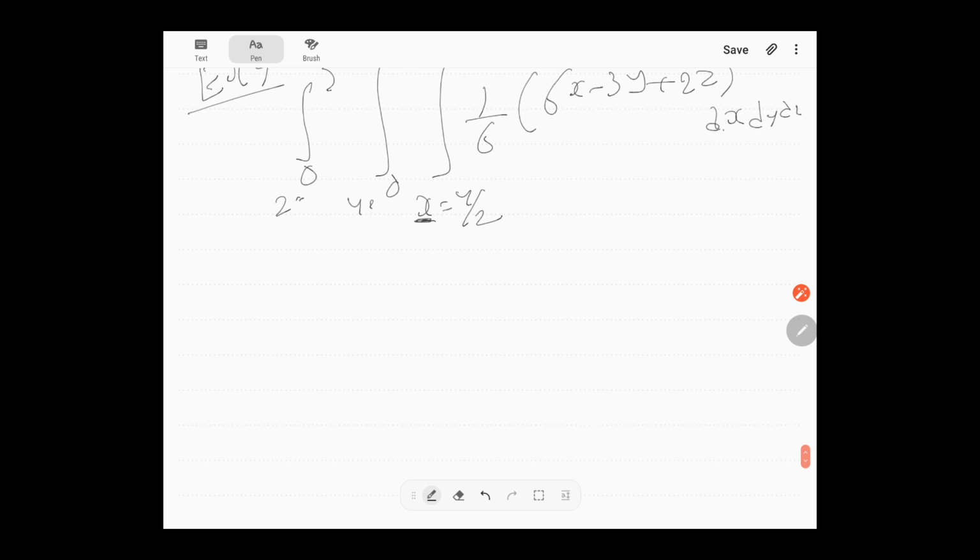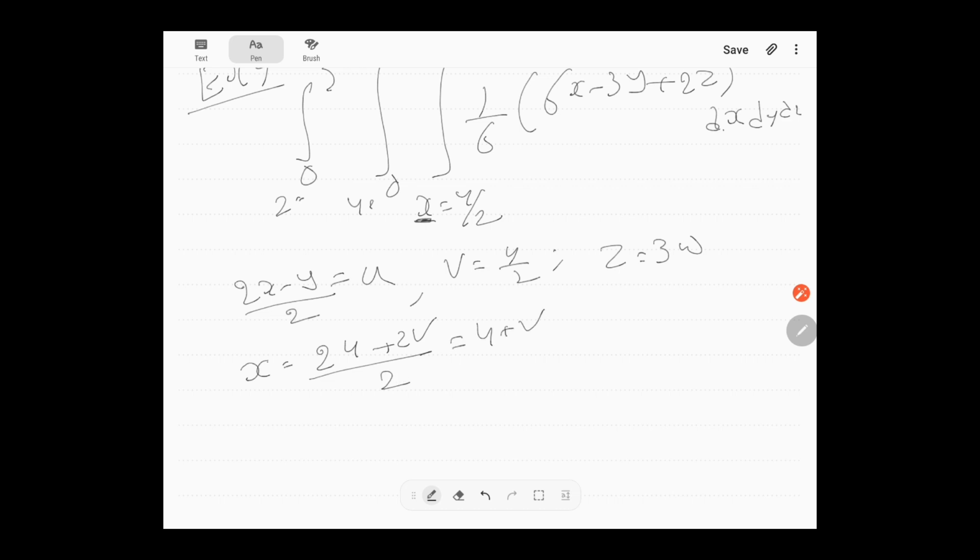Now what is the transformation he has given? 2x minus y is equal to 2u, so 2x minus y by 2 is equal to u. Similarly, v equal to y by 2, or y is equal to 2v, and z is equal to 3w. From this, I will calculate x. 2x is equal to 2u plus y, and y is 2v, so x is simply u plus v.